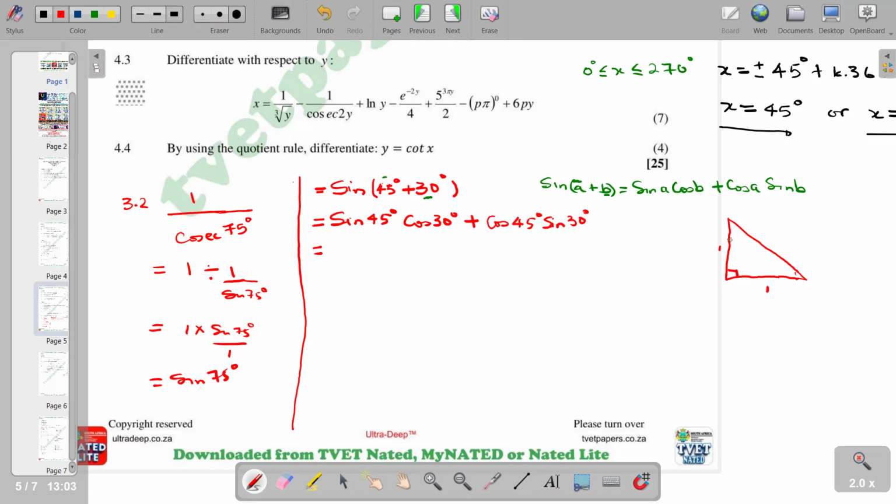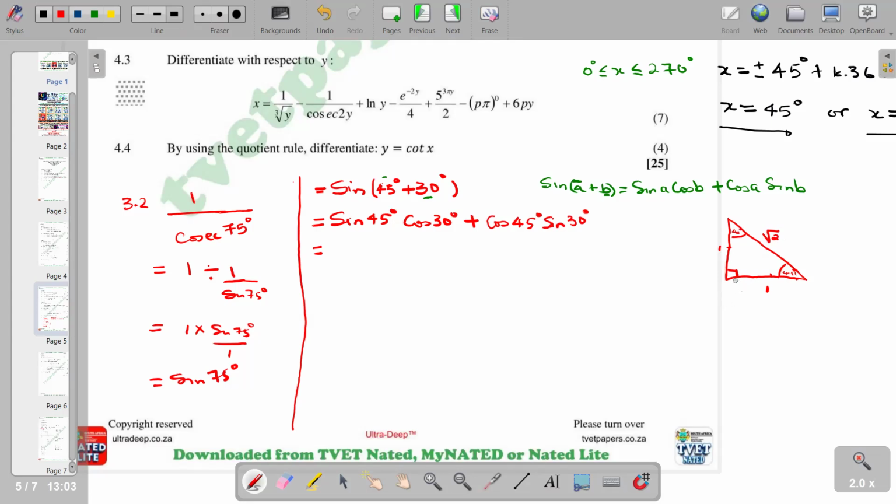Because it is isosceles, this will be 45 degrees and this will be 45 degrees. Then, using Pythagoras theorem to solve this side, we end up having root 2 there.